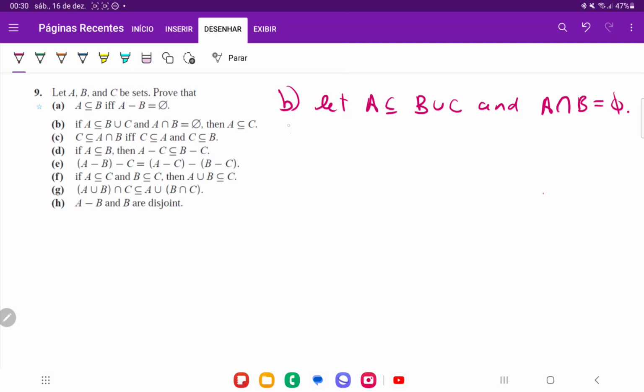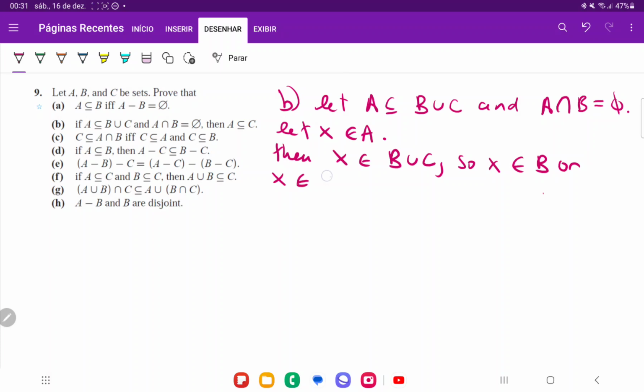So let X belong to A. We're beginning with let X belong to A because we want to show that if it is in A, it must be in C, because that's what we're trying to show. Let X be in A. Then X belongs to B union C, right? Because A is a subset of B union C. So X belongs to B, or X belongs to C.